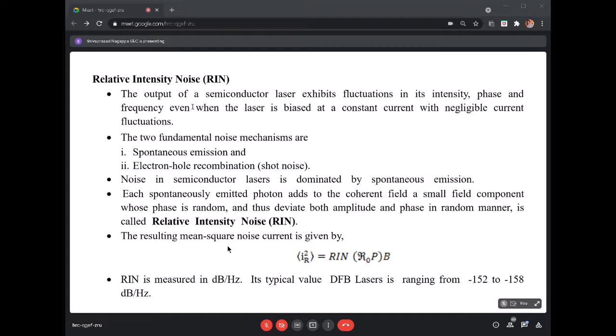Basically, it is defined as a mean square intensity variation. It is expressed in terms of the mean square intensity variation current.